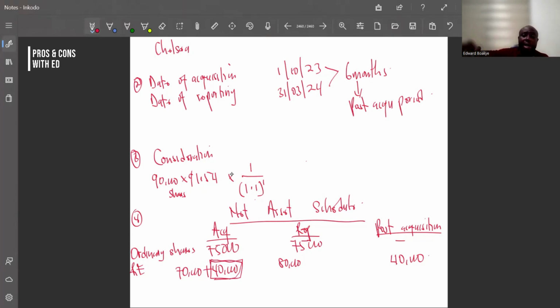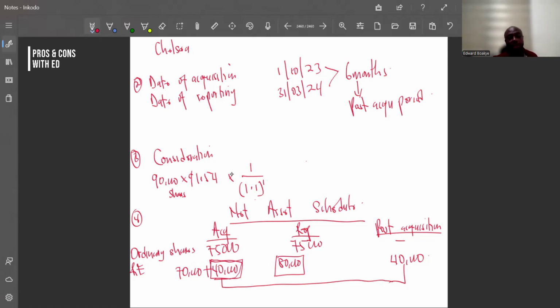However, the total 80,000 will be there at reporting. Surely the total 80,000 will be there at the reporting. So this 80,000 is the result of our post-acquisition profit for the year plus the profit we came to meet within that same year.